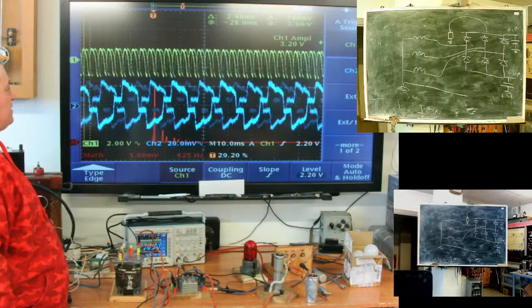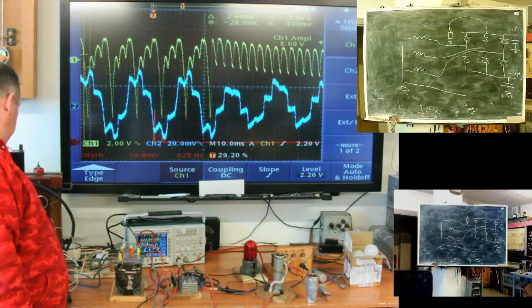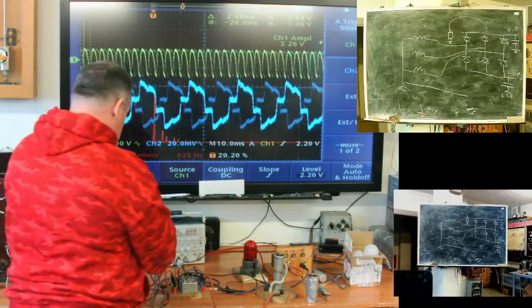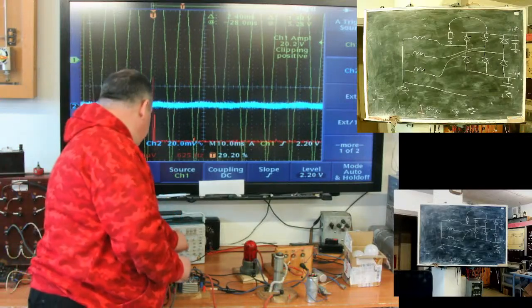All phases connected. C phase disconnected. A phase disconnected on the secondary side.